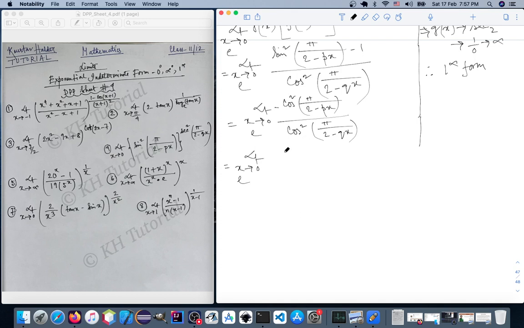We bring the minus outside and we can rewrite the expression like this.